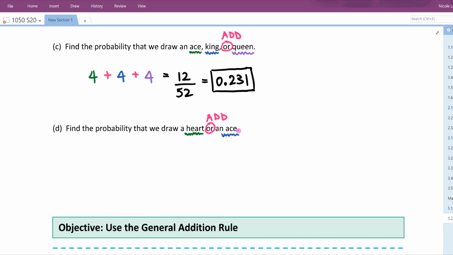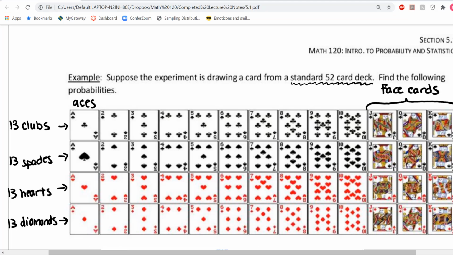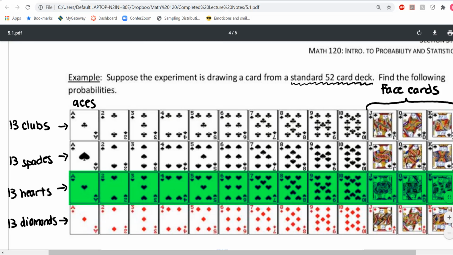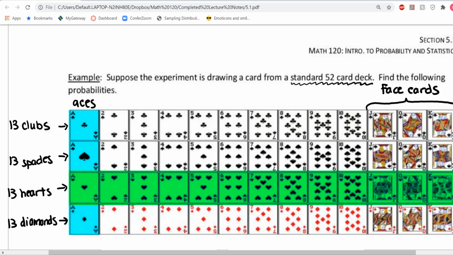Let's go to our picture of the deck of cards again, because I need to make sure that these two events are disjoint, that they don't have anything in common. Here are all of our hearts, and here are all of our aces. For this one, you see that these two events, heart and ace, are not disjoint. They do have something in common.